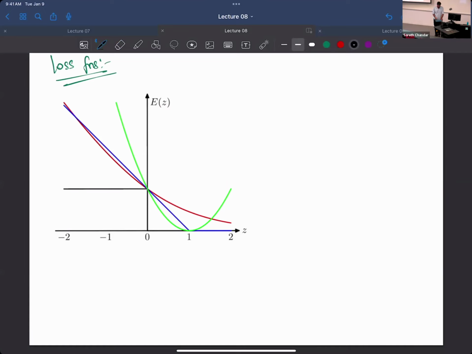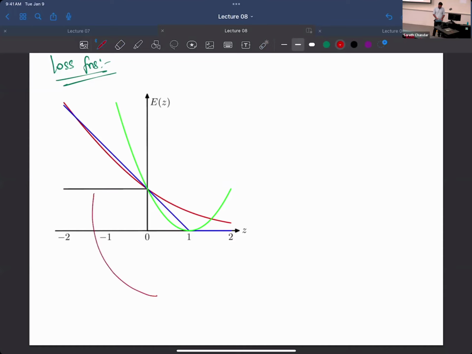Let's start with this loss function, whatever I'm drawing. What is this loss function? Maybe I'll try to highlight it. The loss is 1 for misclassification and 0 for correct classification. So that's our usual 0-1 loss.